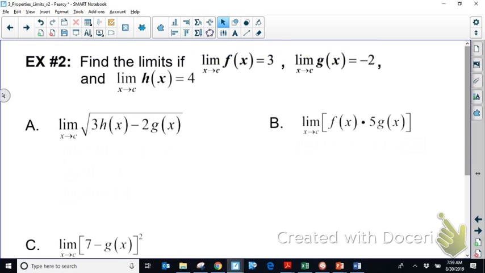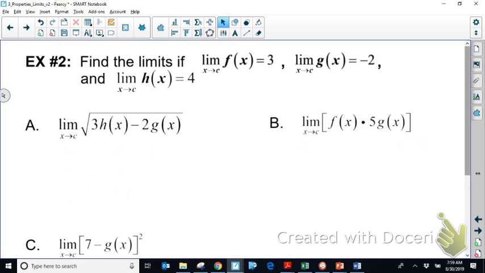So let's take a look at A. Here, A says we want to evaluate the limit as x approaches c of the square root of h of x multiplied by 3 and the difference of g of x multiplied by 2.